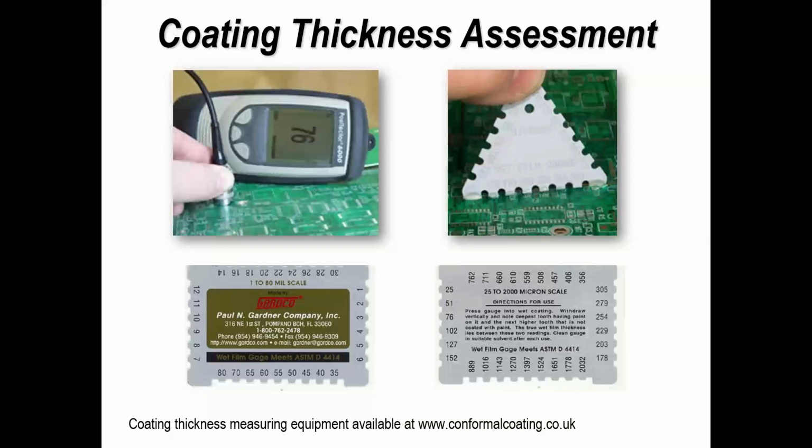So if you look on the right-hand side, I'm indicating here, and these other two gauges, these are what we call wet gauges. The little teeth on the surface are at different heights, and what we're going to be looking at in a moment is the coating on those, and that will indicate the height of the wet thickness. The gauge on the top left is a dry film gauge.